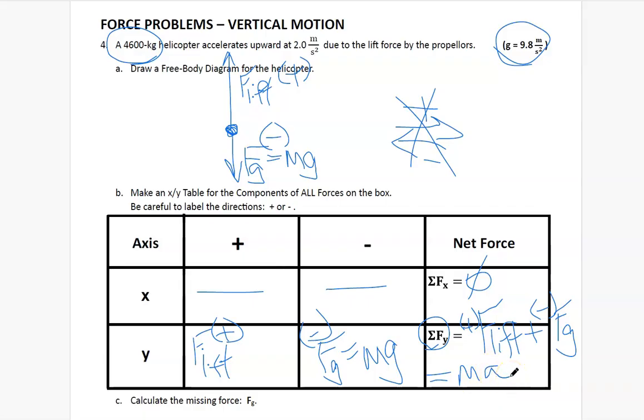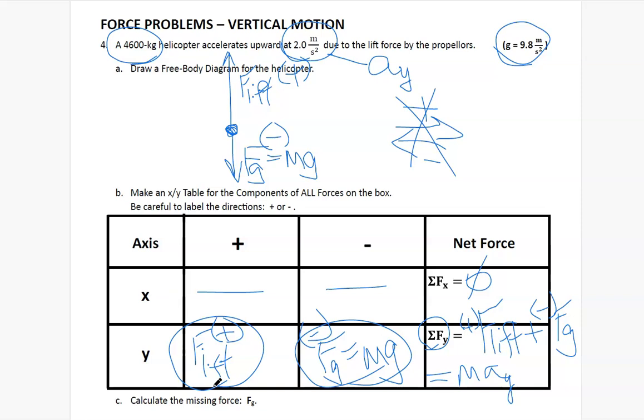This time the acceleration is in the y direction. You don't have to write that, but you can. But remember, this is your acceleration in the y direction. So you know a, you know m, you can calculate what the sum of the forces is. You can easily calculate the weight. The only thing we don't know is the lift force, and we can solve that from the other two.